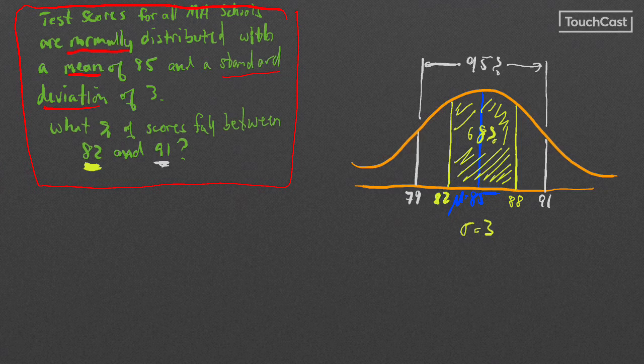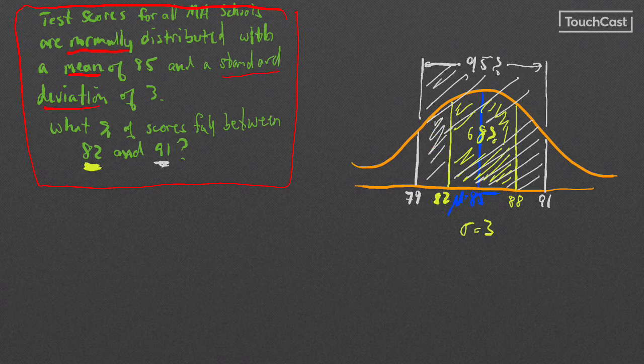I'm not even going to go out to the 3rd standard deviation because we're only looking at the area between 82 and 91. So we're really only looking at this area right here. We've highlighted the area that we want to look at. We know that the broader area is 95%, and the smaller one is 68%.